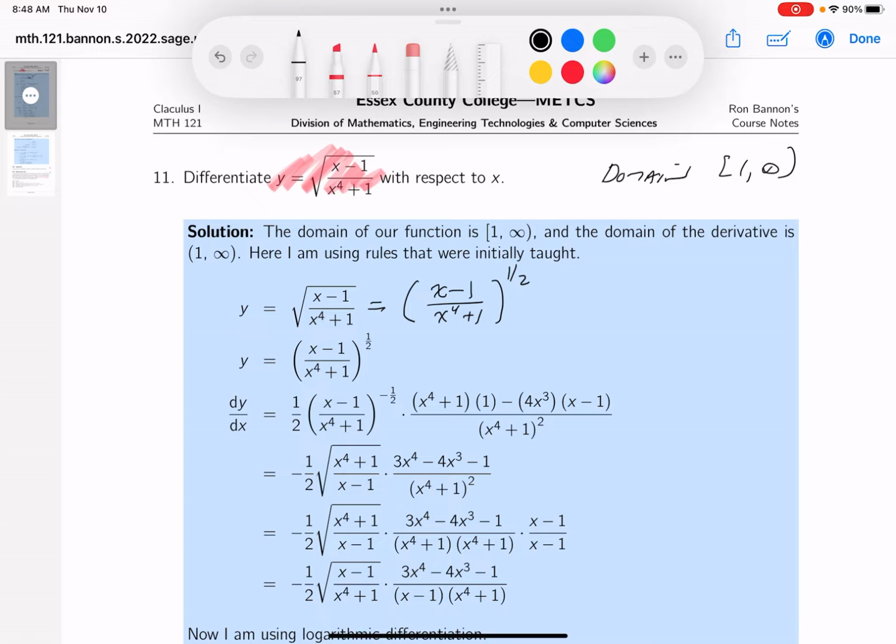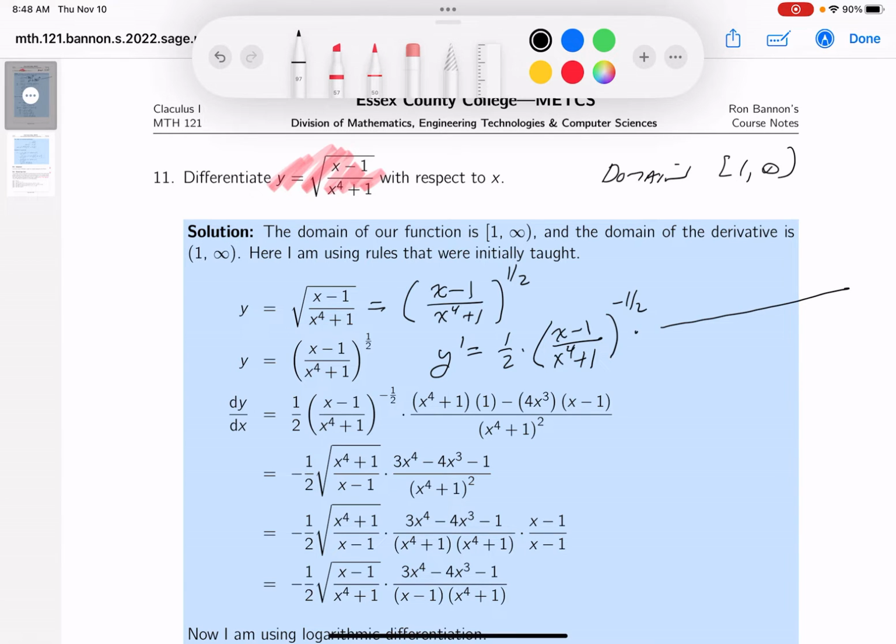And again, if you're just writing the derivative down, it's fairly easy to do, by the way. And let me write that down. So I'm going to write down y prime. Well, I'm using the power rule, so 1/2 comes down, and then it's going to be minus 1/2. And what's the argument there? It's x minus 1 over x^4 plus 1, all right, times the derivative of the inside.